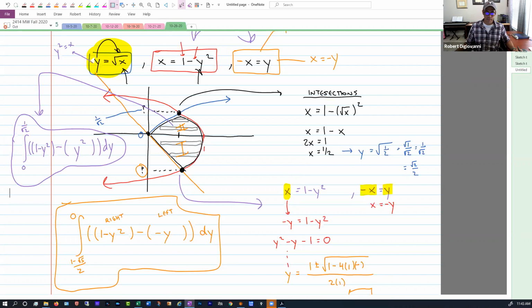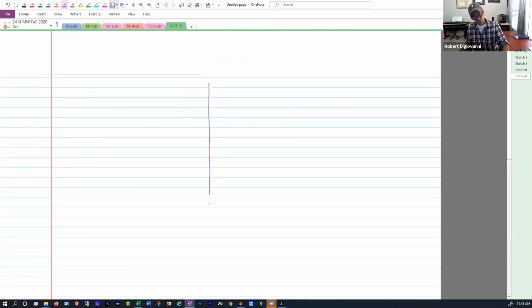I'm good. Okay, so in summary, we have two scenarios we can run into. We have this scenario where these are functions of x. So the red one's a function of x, and the blue one is some function of x.